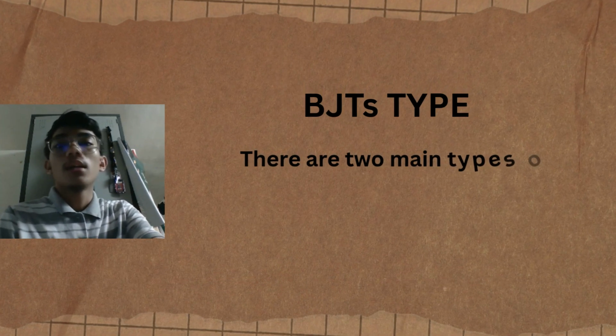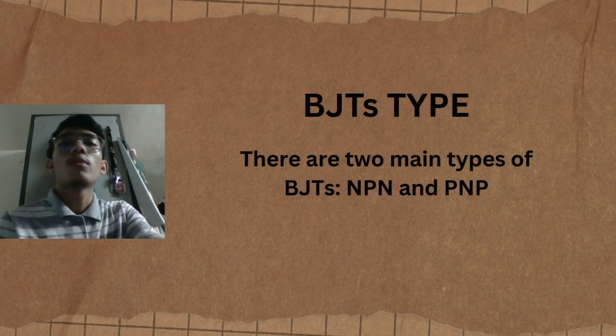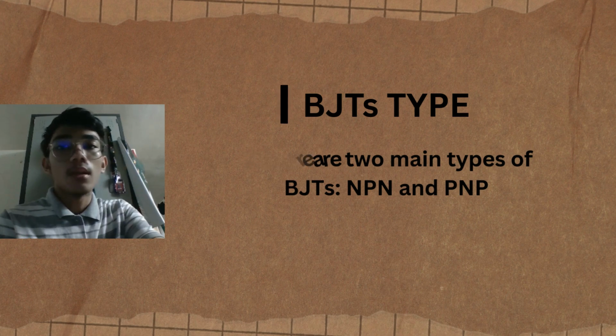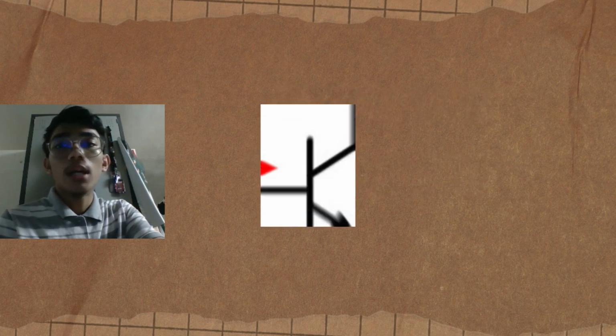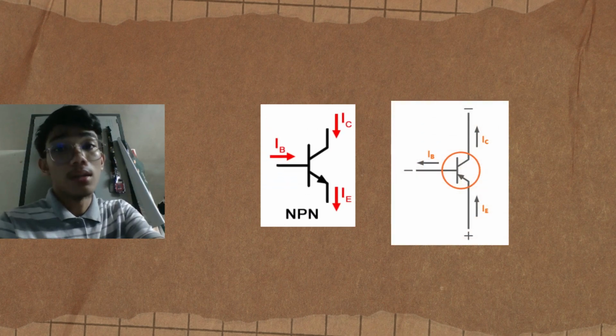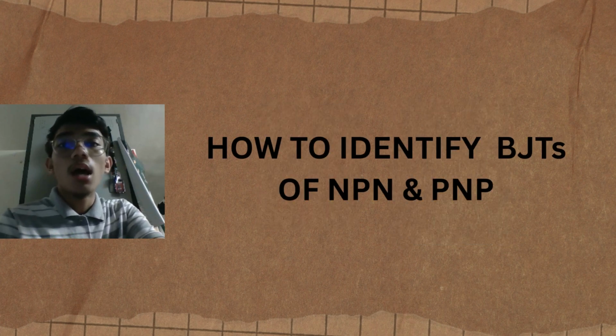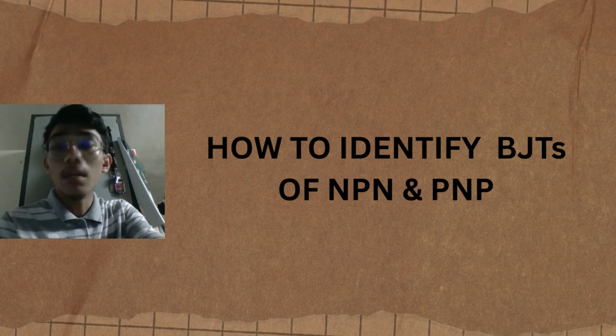So now for the BJT types, there are two main types of BJTs, NPN and PNP. The current flow for the NPN and PNP transistors, I have told you about in the earlier video. So now I'm going to show you how to identify BJTs of PNP and NPN types by using a multimeter.